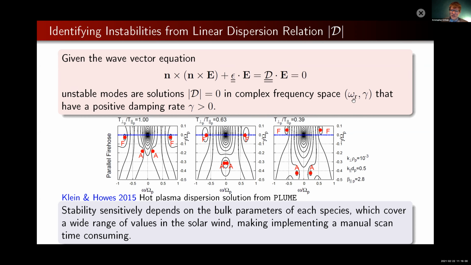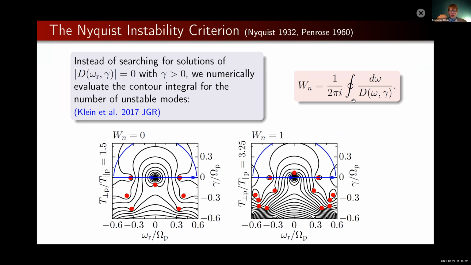And so for that reason, we have turned to the automation of a well-known technique, something called the Nyquist instability criteria. Instead of manually searching for all of these normal mode solutions, we perform a numerical contour integral over the upper half complex plane of 1 over our dispersion relation.